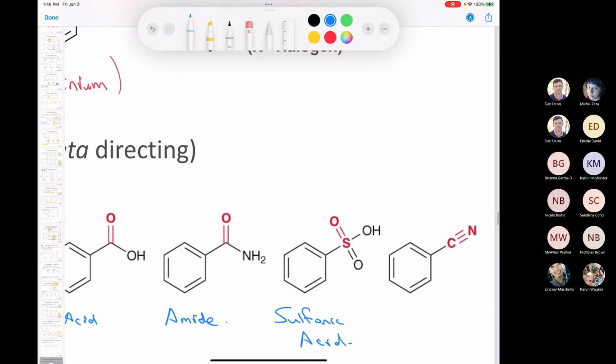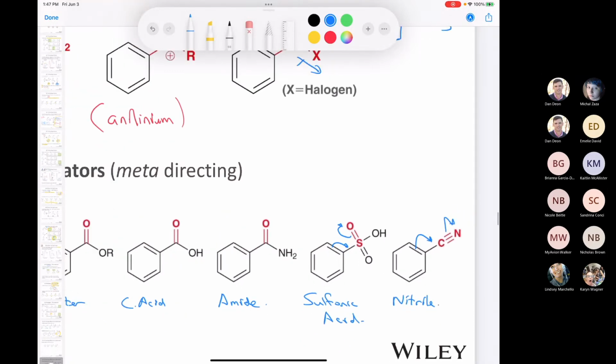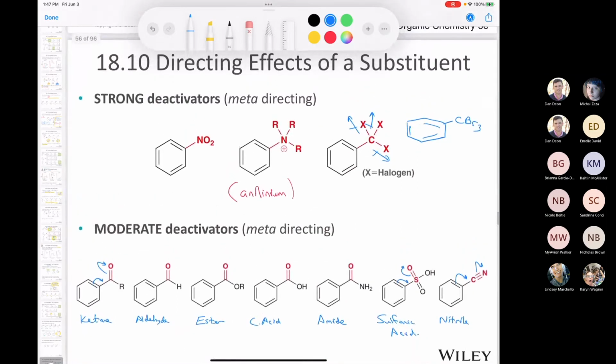And you can see, same thing, you could draw resonance arrows like this, or a nitrile. This compound is called benzonitrile. We will learn the nomenclature of nitriles later on, but anyhow, you could draw this. But the bottom line is all of those are withdrawing electron density from the ring.